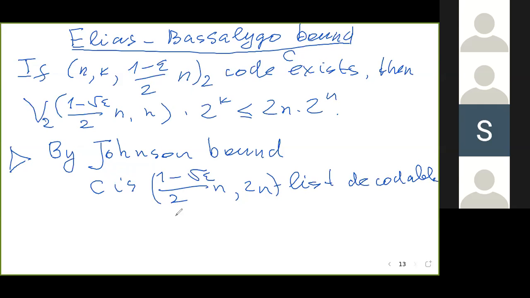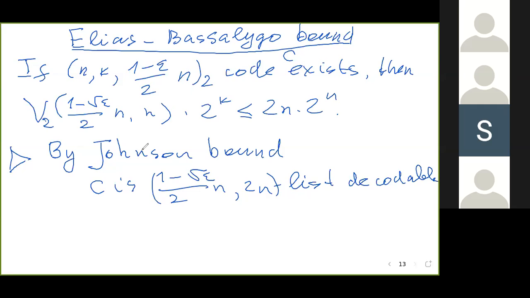If a code is list decodable from this much error, then the volume of the ball of that radius times 2 to the k, the number of codewords, is at most 2 to the n times the size of the list, which is 2 to the n in our case.